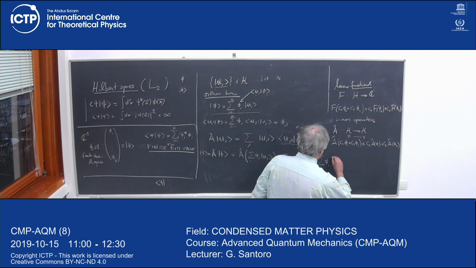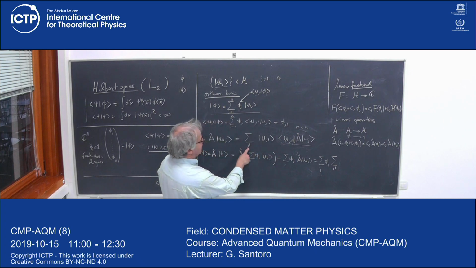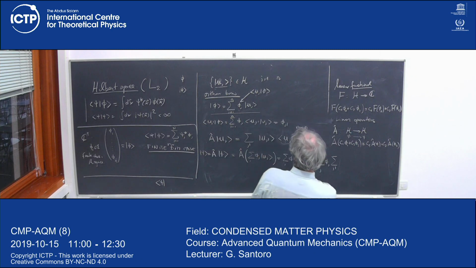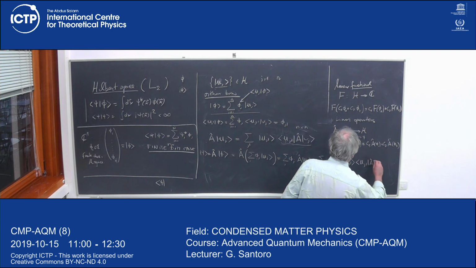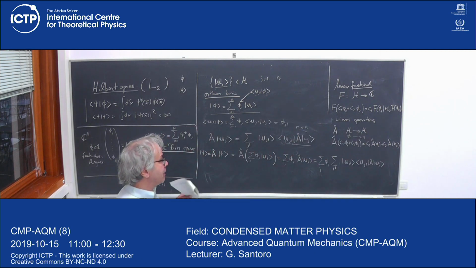This is equal to the sum over j prime. I don't put the limits; when I write the sum, it's between 1 and n. Okay, it's a finite sum. And this is equal to the sum over j prime of uj prime times the matrix element j prime A uj. Okay? Let us rearrange this object a little bit.